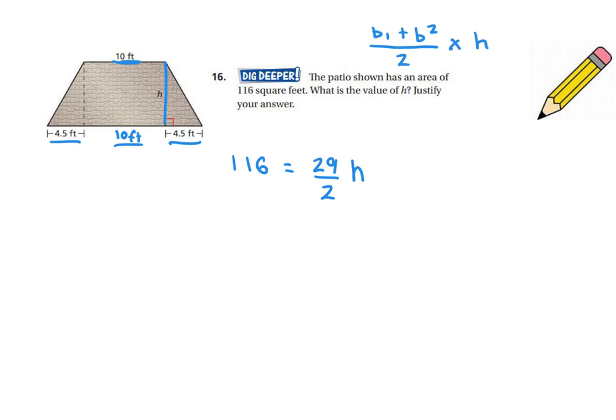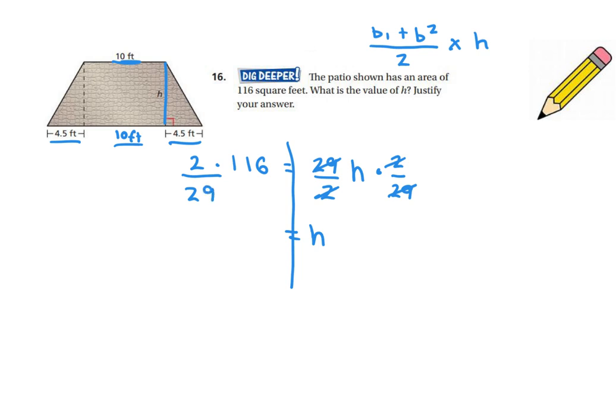And now we need to solve for h. So we're going to multiply by the reciprocal, which is 2 over 29. 29's cancel, 2's cancel. That's why we're able to do that. We're just left with h. And then on the other side, we also need to multiply by 2 over 29.